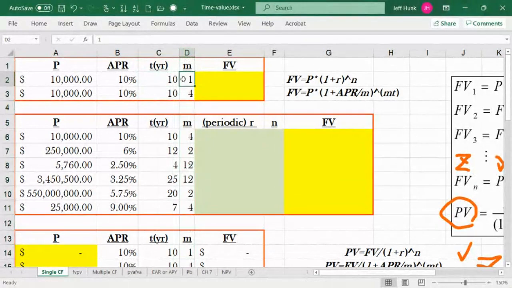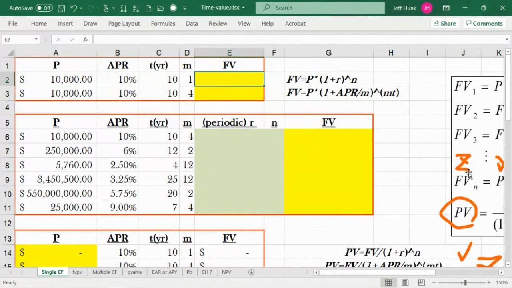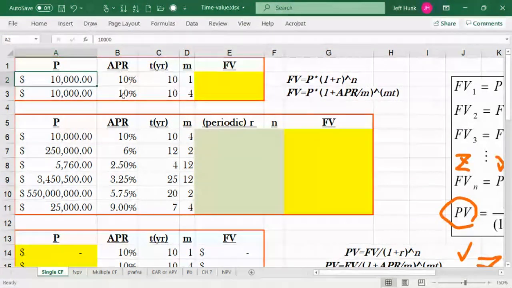M, I will get to that later, but make sure the M is 1 in row 2, and make sure it is 4 in row 3. Okay? All righty. And this is our example exactly, isn't that right?